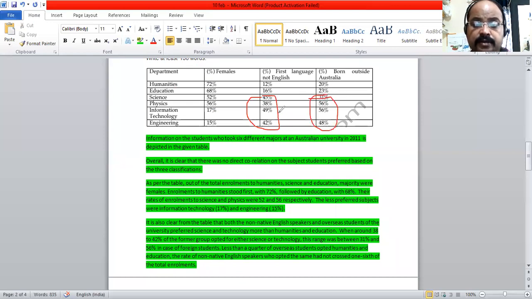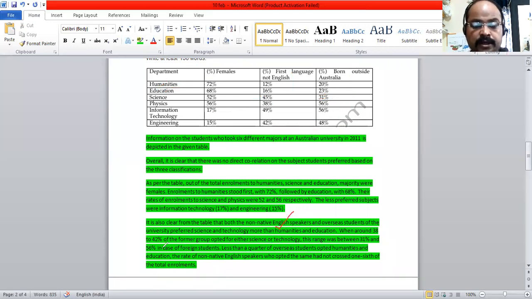This group, first language not English, born outside Australia, preferred science, physics, information technology, and engineering. It comes under the category science and technology than humanities and education. So that's what we have said in the first line of this particular sentence.